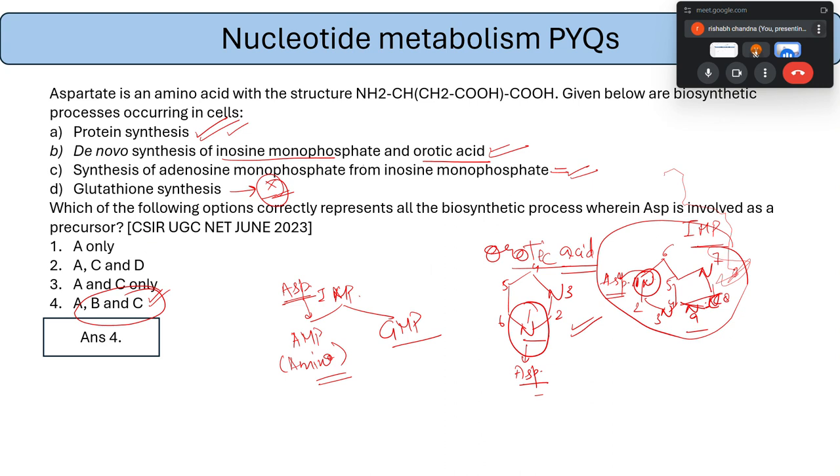So is the explanation clear, or shall I show you with the diagrams? Sir, can you please represent it with a diagram? Okay, then I'll open that.